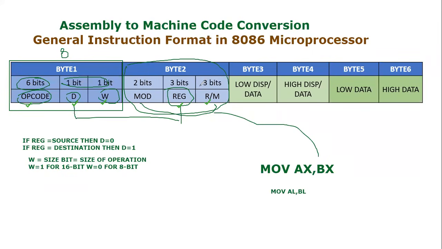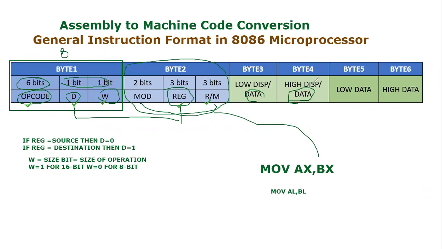Now we come to byte 3 and byte 4. Byte 3 and byte 4 are some displacement or some data, right? We have already seen that data can be provided immediately in the instruction. So if it is immediate data, these two bytes will be dedicated to it. Lower byte will come first, and then higher byte. And if there is a displacement given, first the lower displacement will be shown and then the higher displacement.